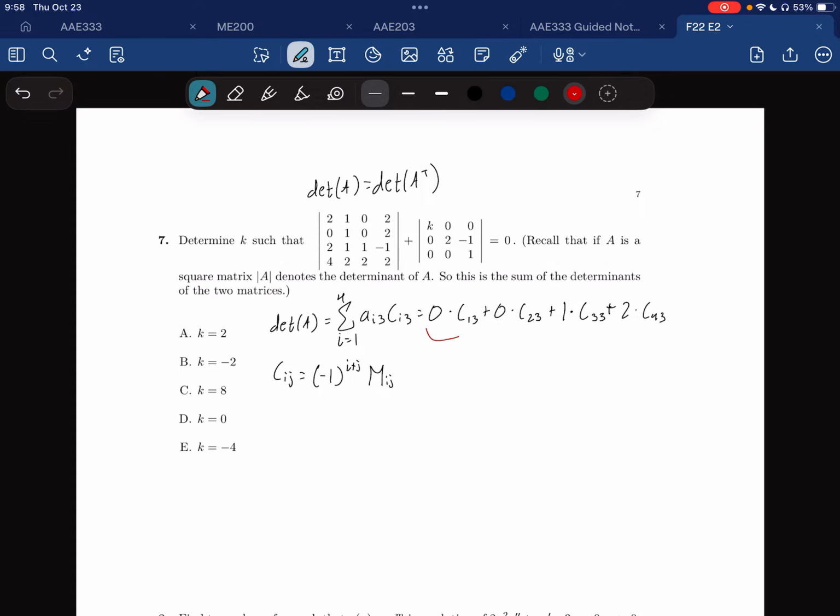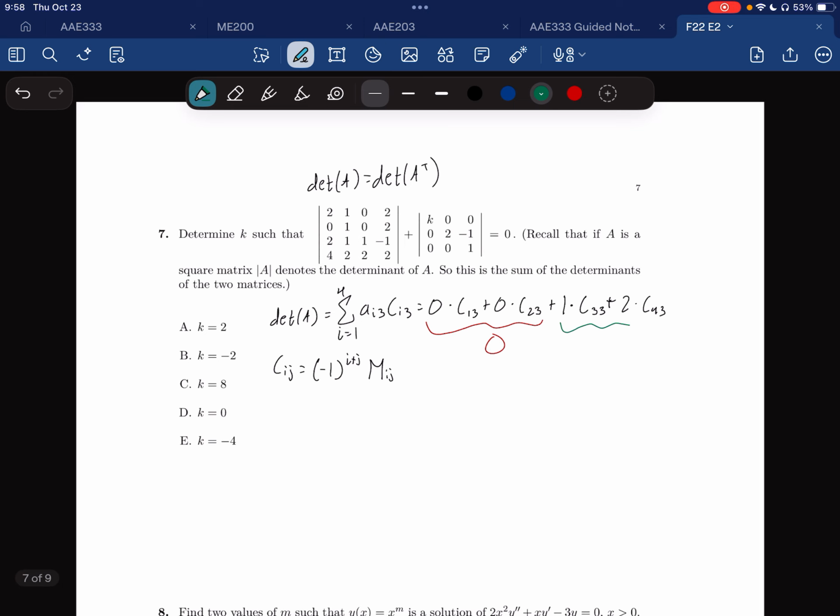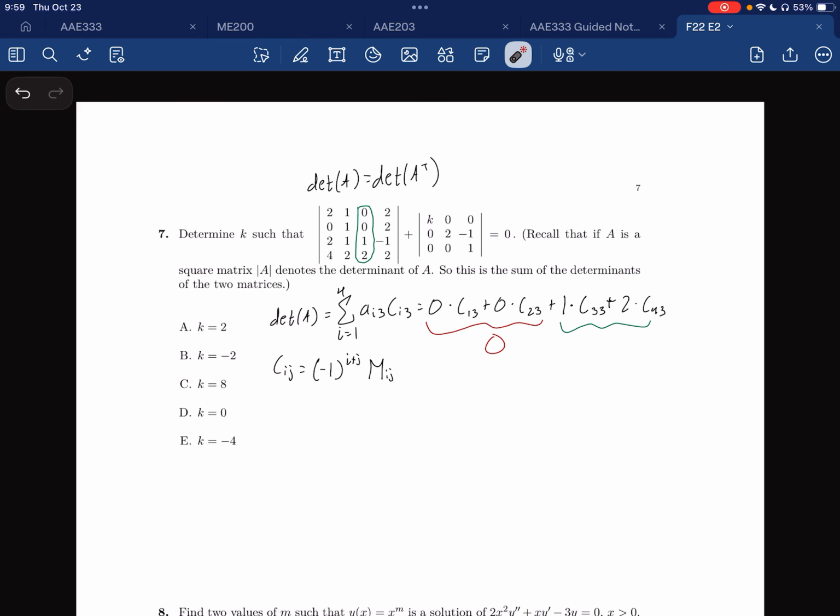These two terms obviously are just going to be 0, so we really just have to evaluate these two terms. And this is how we determine the sign on that specific term.